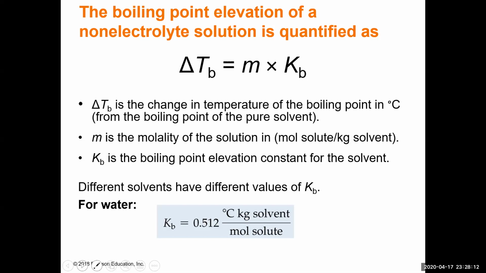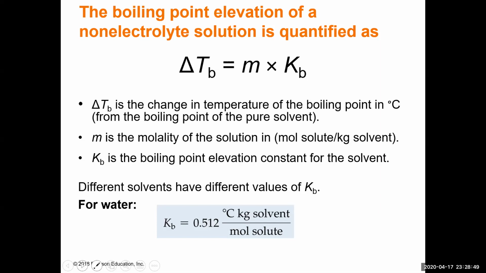The boiling point elevation of a non-electrolyte solution is quantified similar to the freezing point depression. So for the boiling point elevation of a non-electrolyte solution, its equation is delta T of the boiling point is equal to the molality times K sub B. Delta T is our change in temperature of the boiling point in degrees Celsius from the boiling point of the pure solvent.